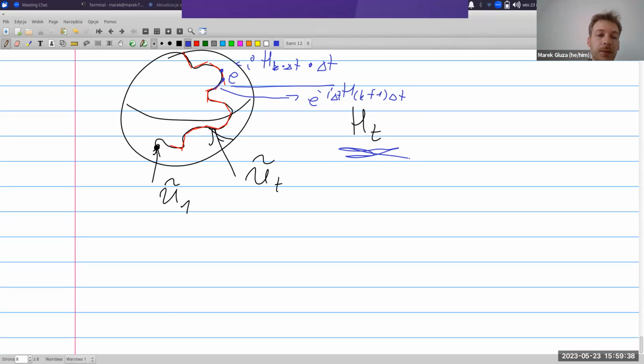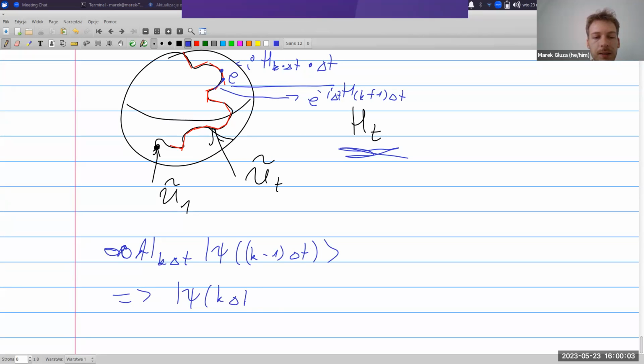discretization. And one thing to note: if you have this piecewise constant discretization, so you have H at k times delta t acting on psi of (k minus 1) delta t, then you know what psi of k times delta t is, which is exactly e to the minus i delta t H(k delta t) applied in this piecewise constant approximation.